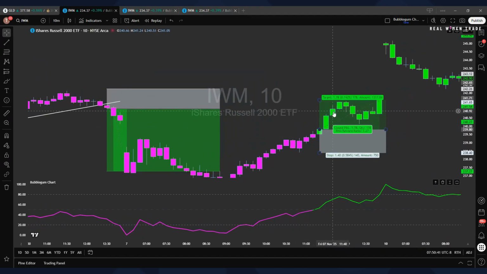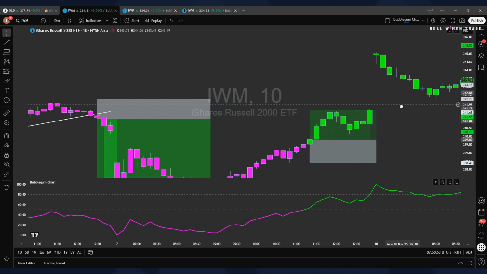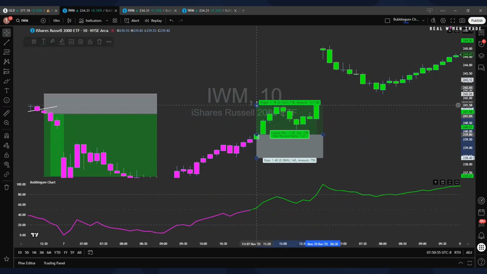So we could have taken our profit at the end of the day for a risk to reward of 1.27. Or if you wanted to take partial profits and see what's going to happen the next morning, we had a gap up. And you could have had a 3.71 risk to reward.